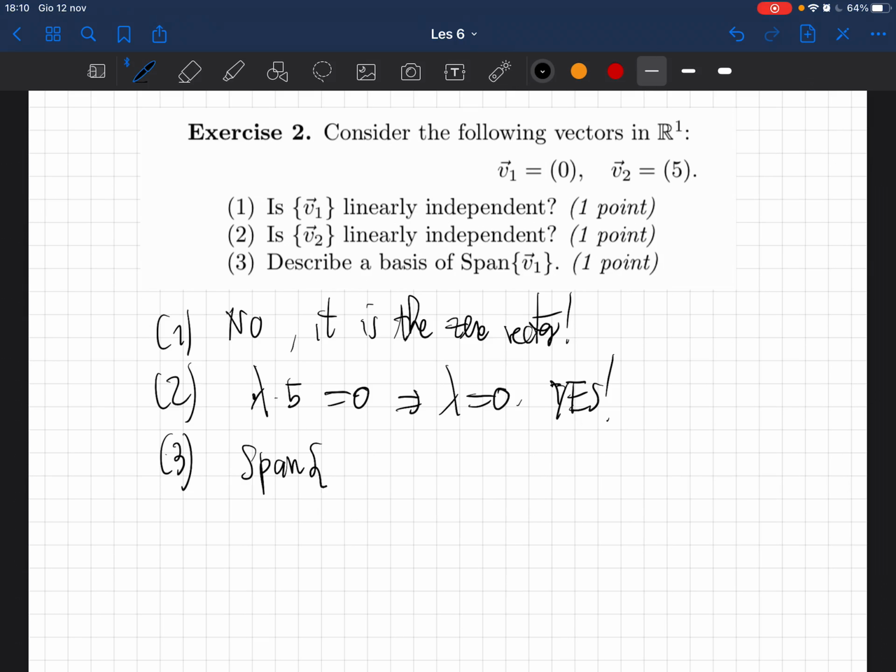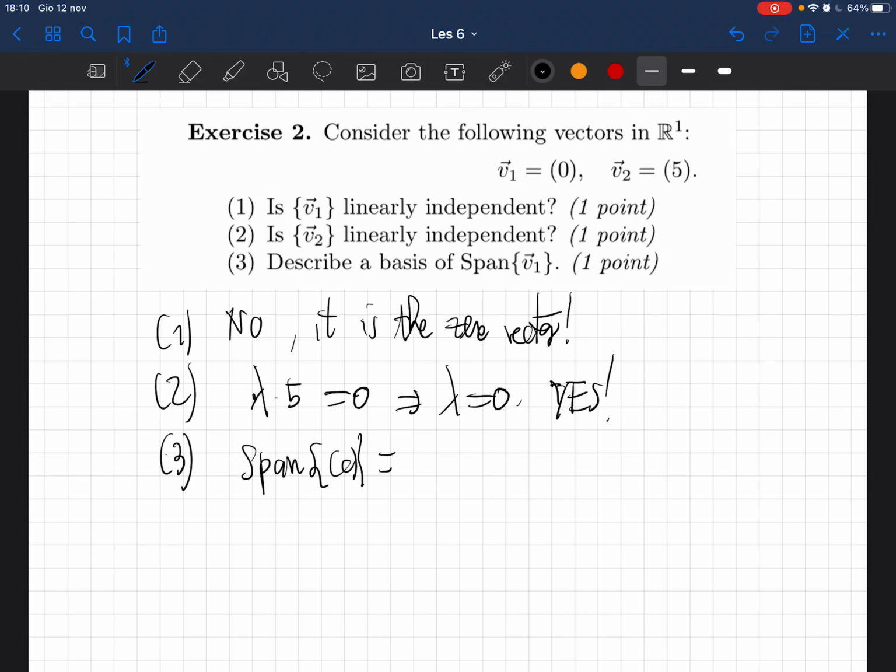And what about a basis for the span of the zero vector? What is the span of the zero vector? It's again the zero vector. Here one has to remember this somehow, or think about it. So what should be a basis of this? A basis is a set of vectors, and the cardinality of this set of vectors gives the dimension.